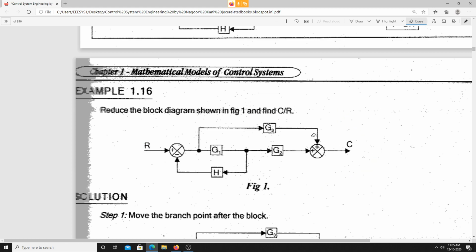So first of all, what am I supposed to do here? How can I reduce this? Using the rules, I am supposed to reduce it. Just think, everyone, what we are supposed to do here.